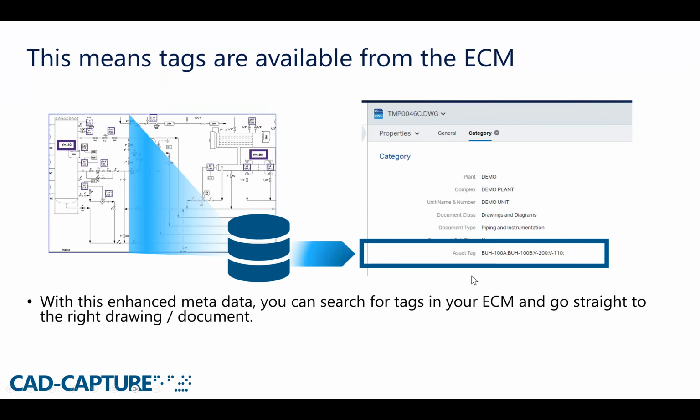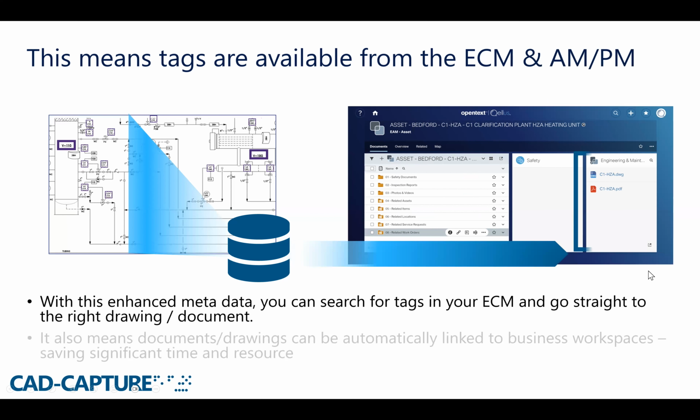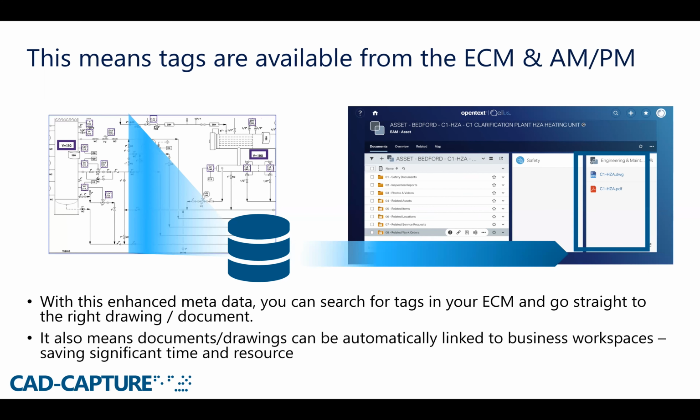Okay, and so all of that means that you're able to take the information from the drawings and create the database and then upload it from a search and retrieval point of view. And so that means that you can, as you can see here, have the visible asset tags at the metadata level, so you can search and retrieve in a much more efficient way. What we can also do, as part of the business workspace, is that the business attachments, the documents that are relevant to a particular asset within a business workspace, can be created and then maintained and managed moving forwards.